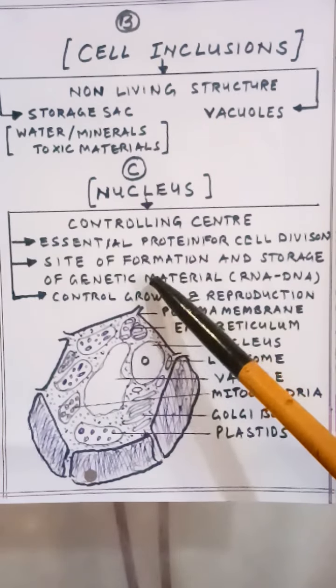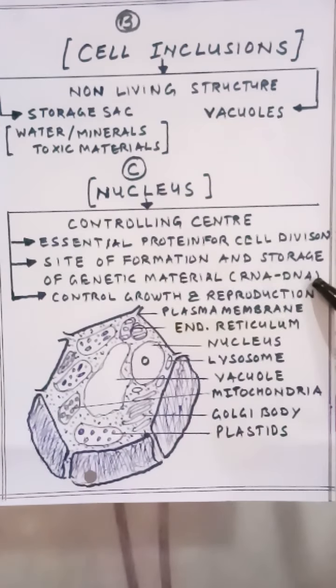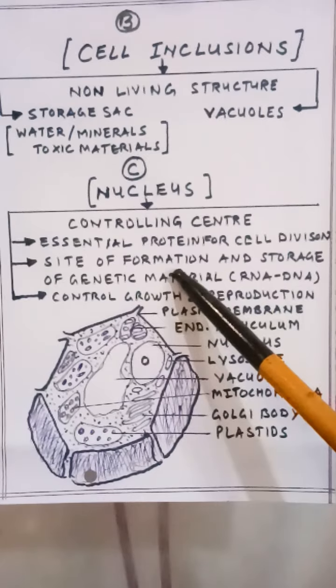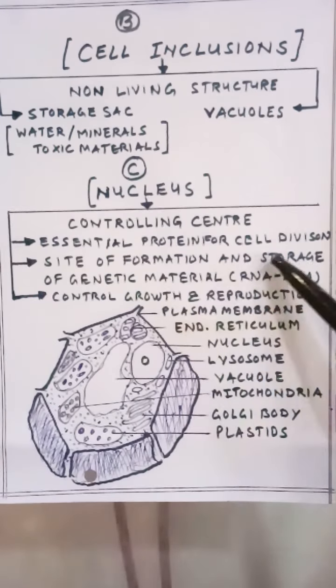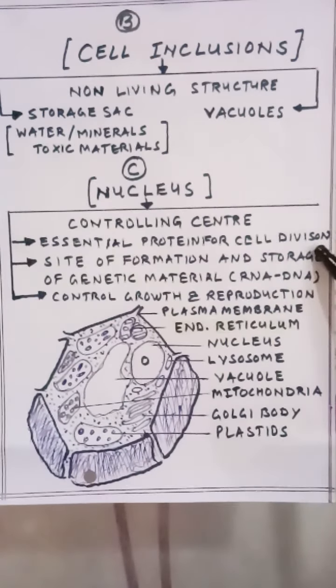See the next point: the nucleus is the site of formation and storage of genetic material, that is DNA and RNA. It means they are formed here in the nucleus, then stored, and then transmitted during the process of cell division. During cell division, the cell is broken down into two cells. How does that happen?